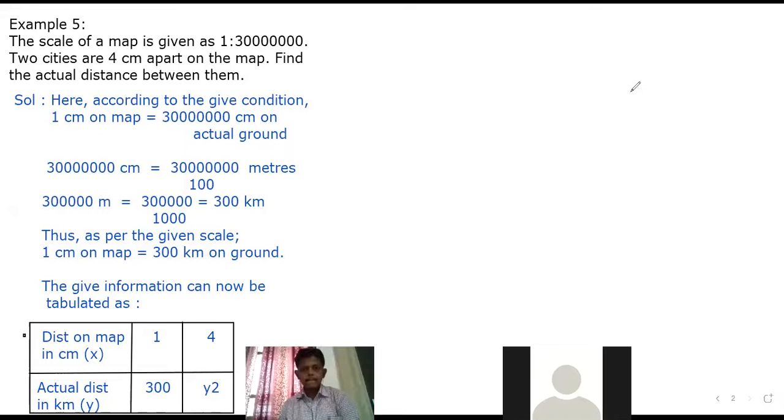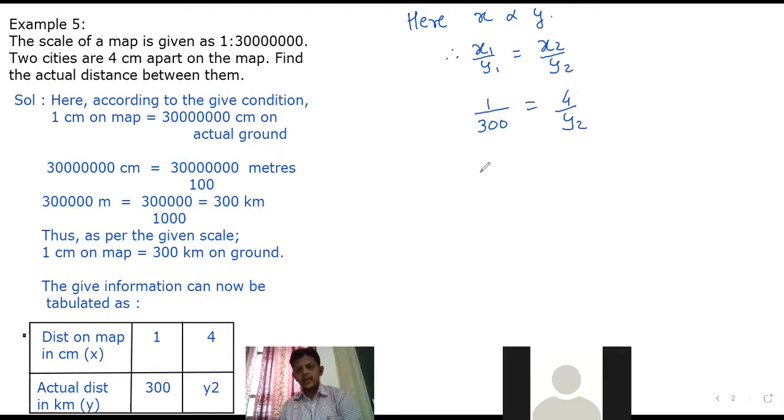So what are we going to write here? 1 upon 300 is equal to 4 upon y2. Beta, we will write like this. Here x is proportional to y. Yes or no? x1 upon y1 is x2 upon y2. 1 upon 300 is 4 upon y2.